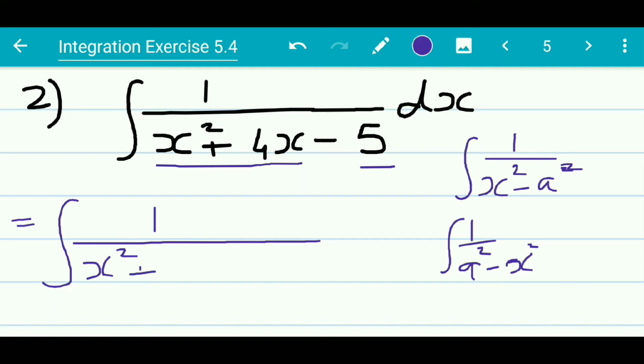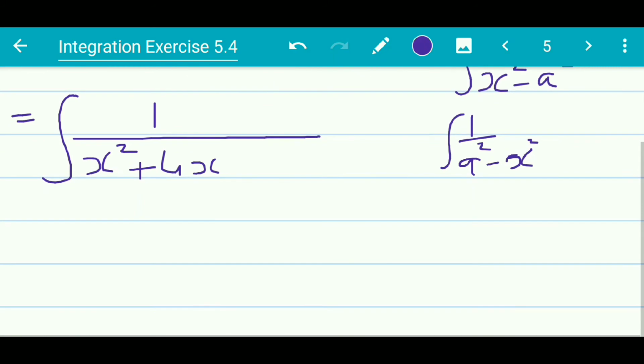x square plus 4x. Now last year, not last year, but 10th standard at least, you have solved quadratic equations, isn't it? There was a lesson on quadratic equations whereby you have learnt many methods for solving quadratic equations, in which you had a method called completing the square.